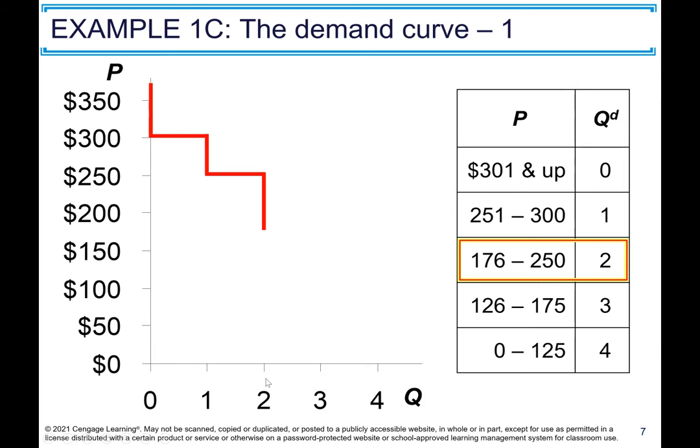When the price is between $126 and $175, three will be demanded. And when the price is between 0 and $125, four will be demanded. So that is the demand curve.